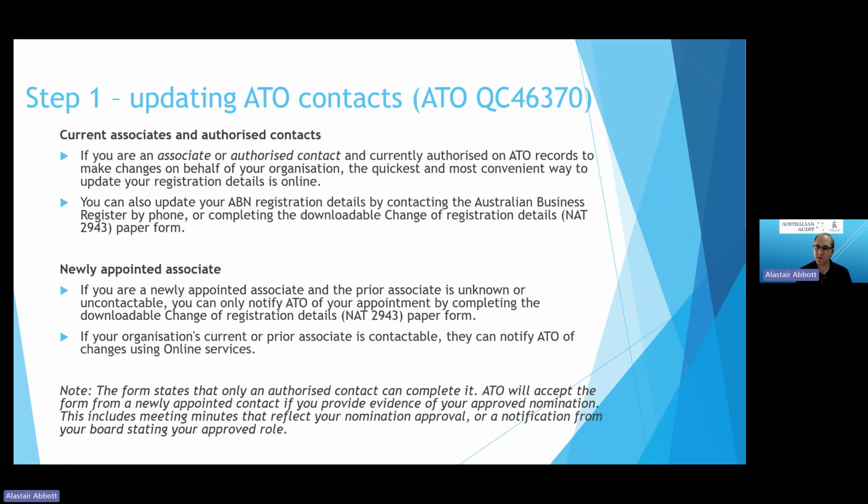The ATO even did a test where they picked a random sample of these NFP organisations and tried to contact them by post or email or phone, whatever details they had on file, and found that a very high percentage they weren't actually able to get in contact with at all.